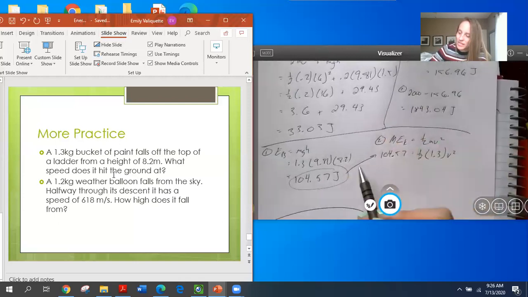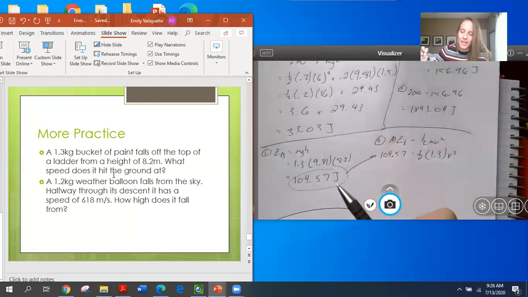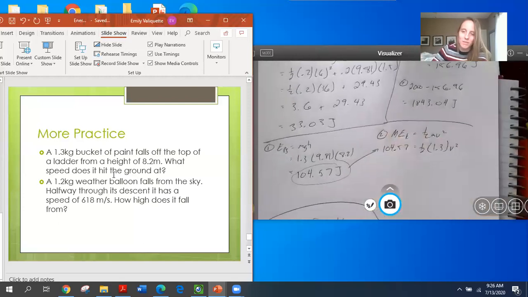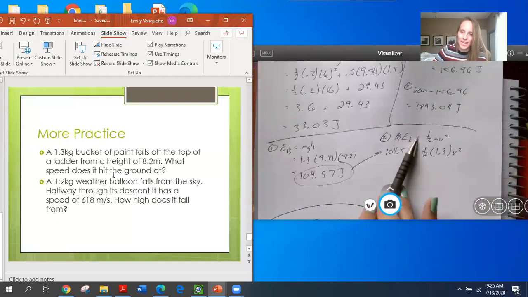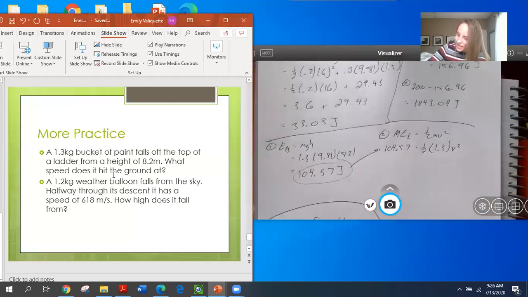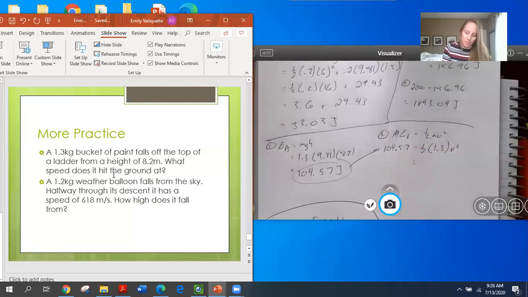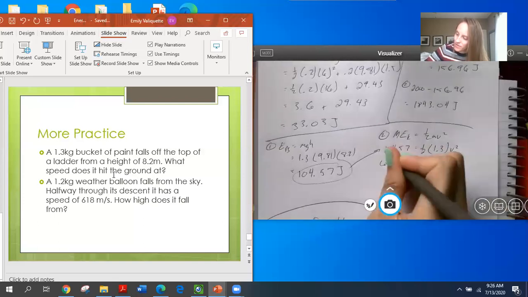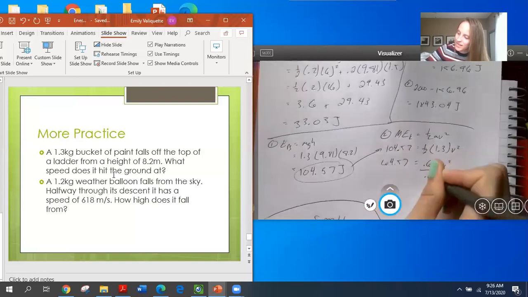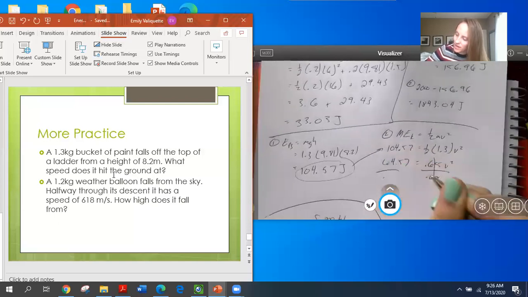And the only reason that I can plug this in here is because, again, I know that by the time the object hits the ground, all of this gravitational energy has been converted into kinetic energy. So next up, 1/2 or 0.5 times 1.3 is 0.65. I, of course, divide to get my v squared by itself.